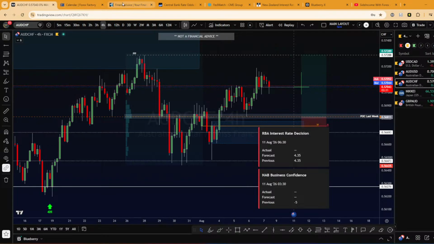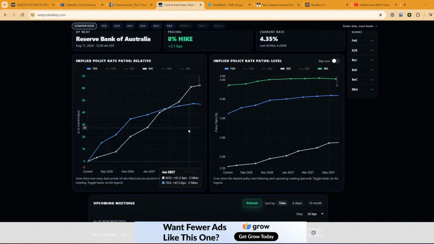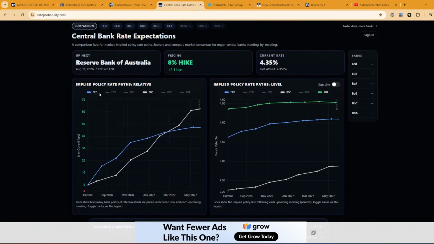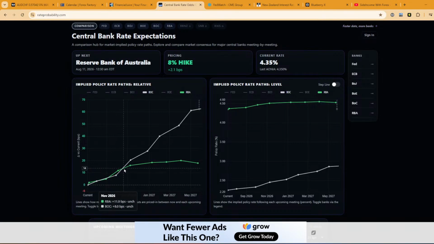So if we go, for example, on rate probability, we filter the RBA and the Bank of Canada. You can see the projection, at least at the end of this year, is still bullish for the RBA in green. This is the green line.